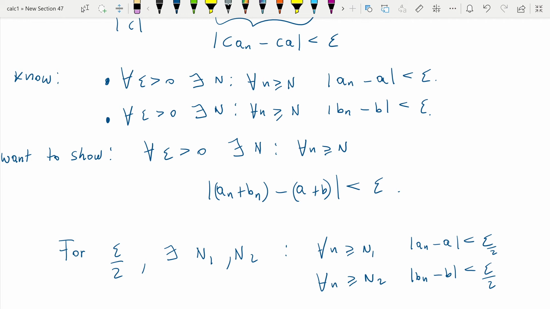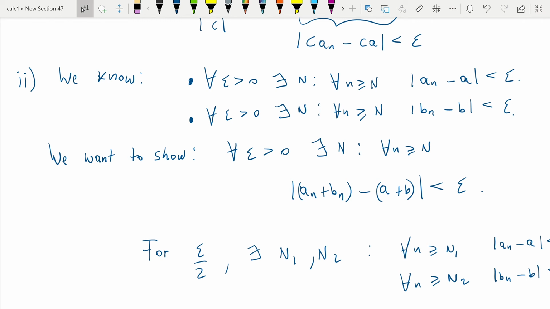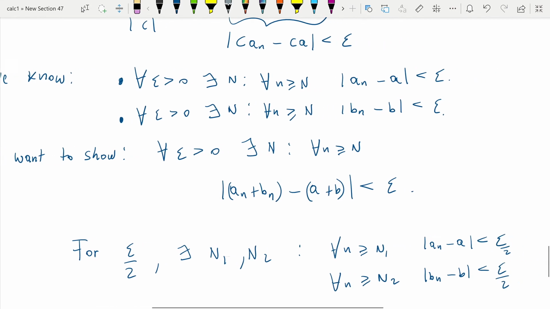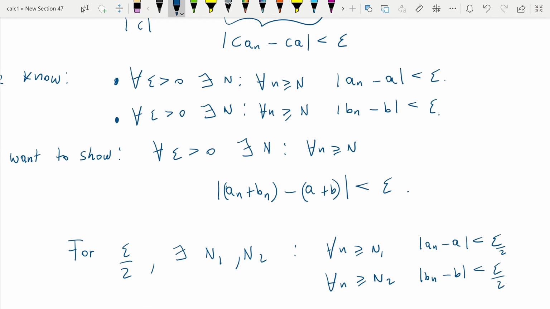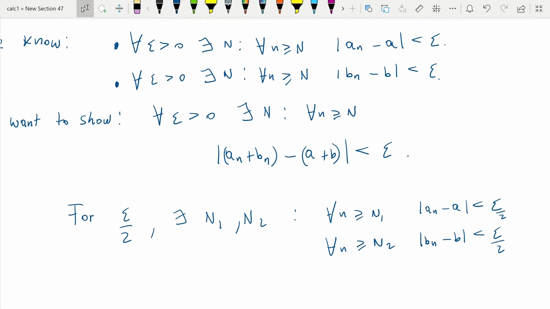Epsilon is any number greater than 0. If epsilon is greater than 0, then certainly epsilon over 2 is greater than 0, so you can plug it in as a valid input, and you get the existence of an N, so that for any n greater than or equal to N, |a_n minus a| is less than epsilon over 2. The same thing applies for the second statement.